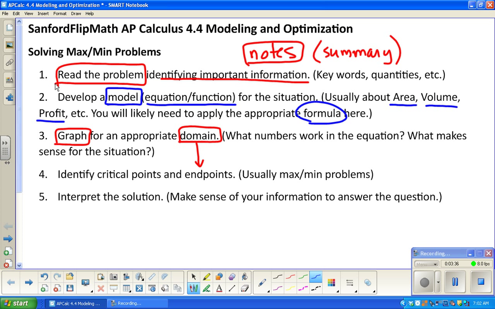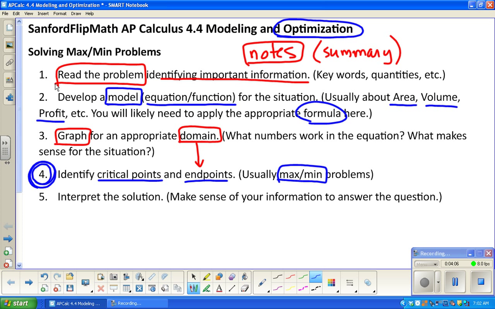Most of the problems we're going to be working with are called optimization problems. Optimization or optimize means we want to find the maximum of something or the minimum of something. So usually these are maximum and minimum problems, and remember from the mean value theorem, if we're talking about a continuous function on a closed interval, you have to identify critical points and endpoints. So this should not be a shock. This is pretty much the only thing that is calculus specific in this list.